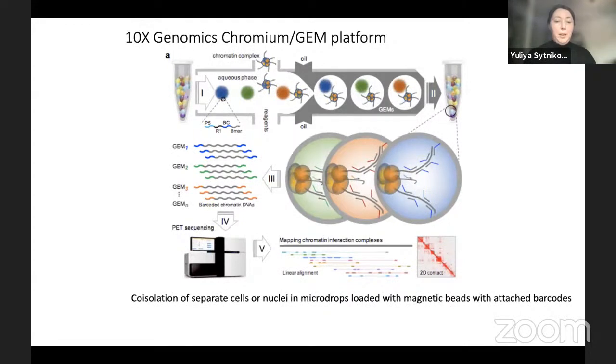So this could be applied for either separate cells or single nuclei isolated from cells. And barcodes are attached to magnetic beads, and basically these beads could be loaded into the droplets with single cells.